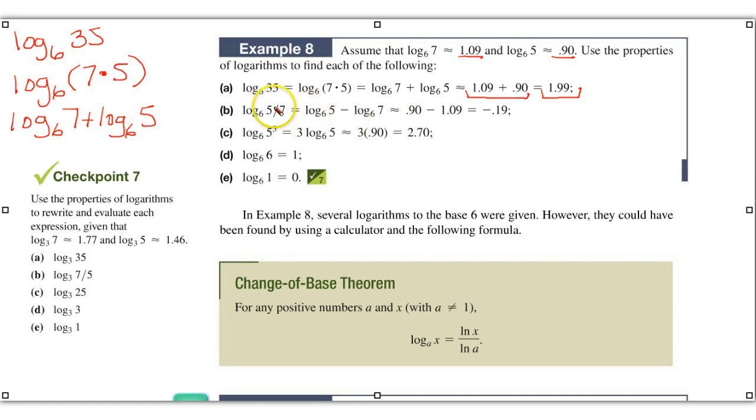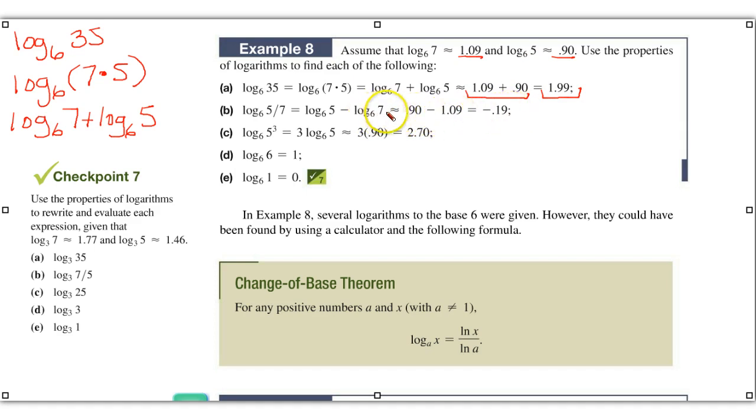Now for this next one, instead of writing it, let's just follow it. And then remember it's 5 divided by 7. So we'll take the log base 6 of 5, which is this, subtract from it the log base 6 of 7, which is this.